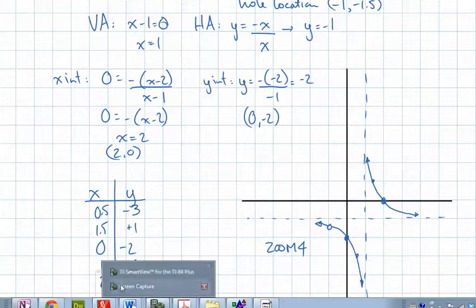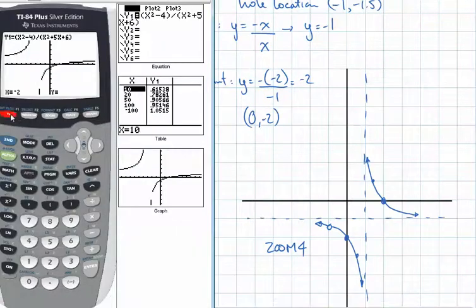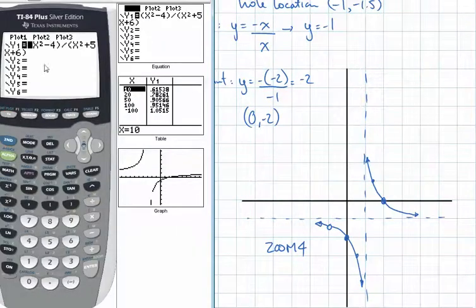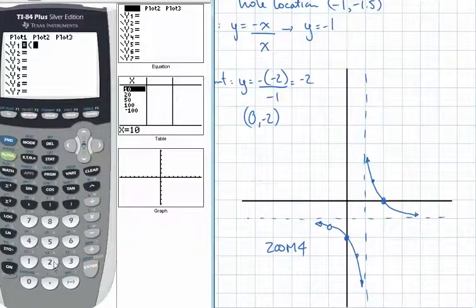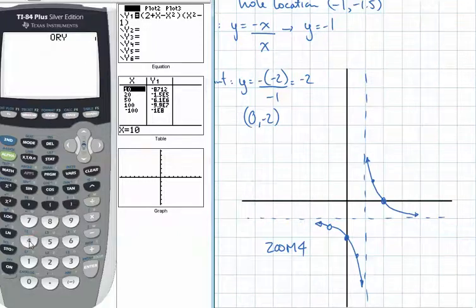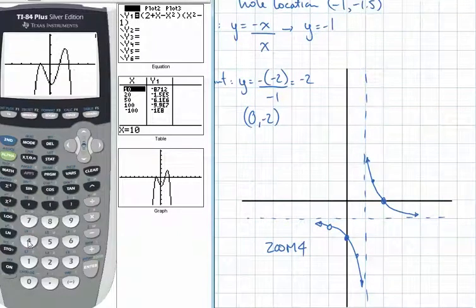And if I have that set up on my calculator, I will be able to run you through that. Let's see here. No, I don't have it on the calculator. So let me put it in really quickly. 2 plus x minus x squared divided by x squared minus 1. Try Zoom 4. What happened?